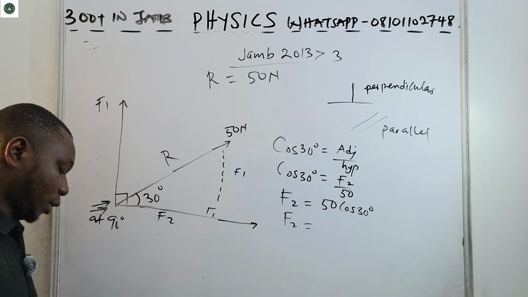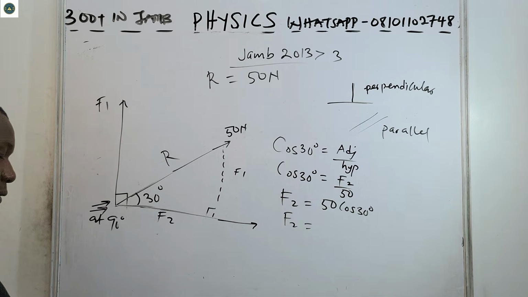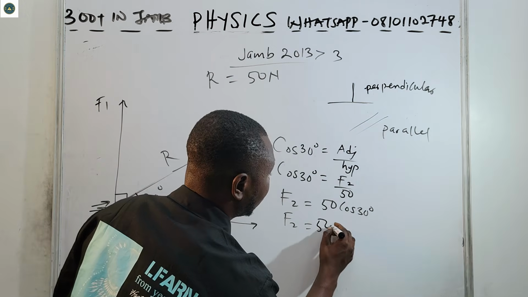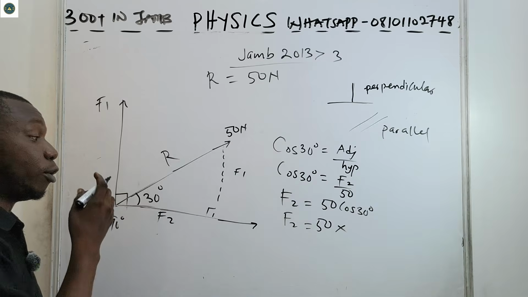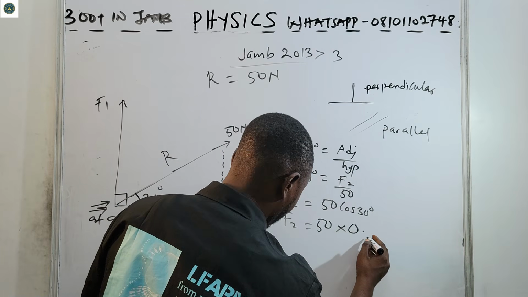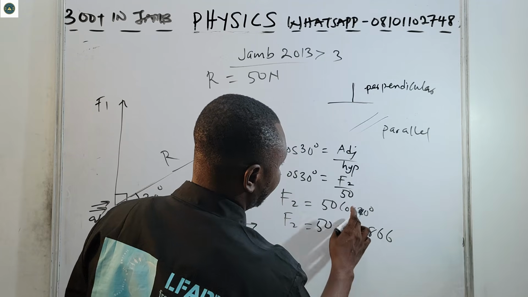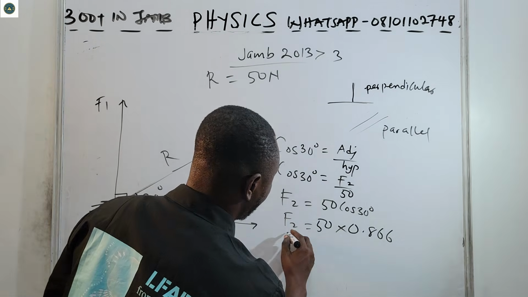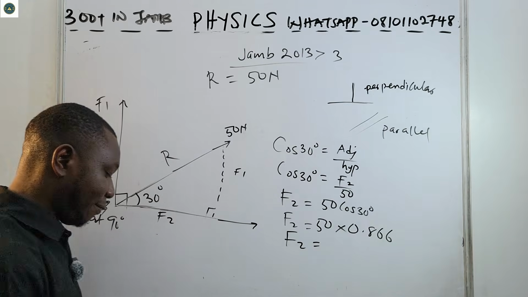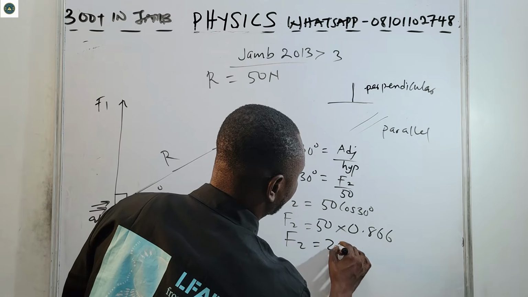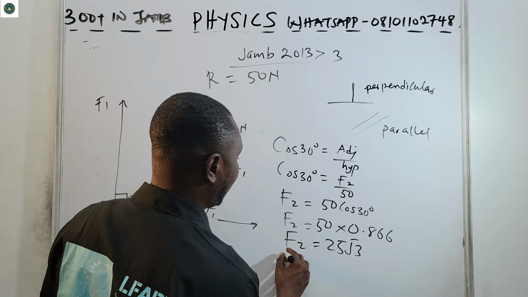Cos 30 is root 3 over 2, which is 0.866. Sine 30 would have been 0.5. So F2 is 50 times that value. The answer is 25 root 3.